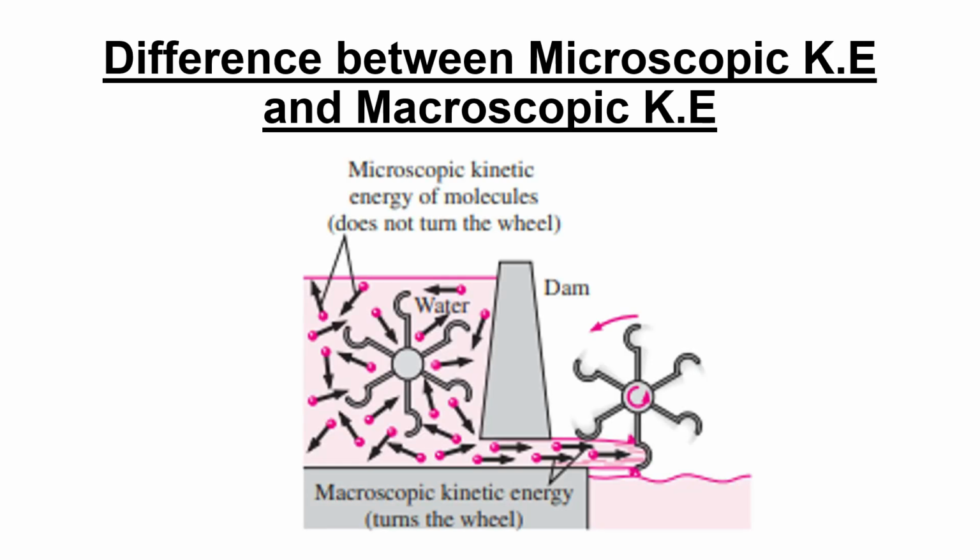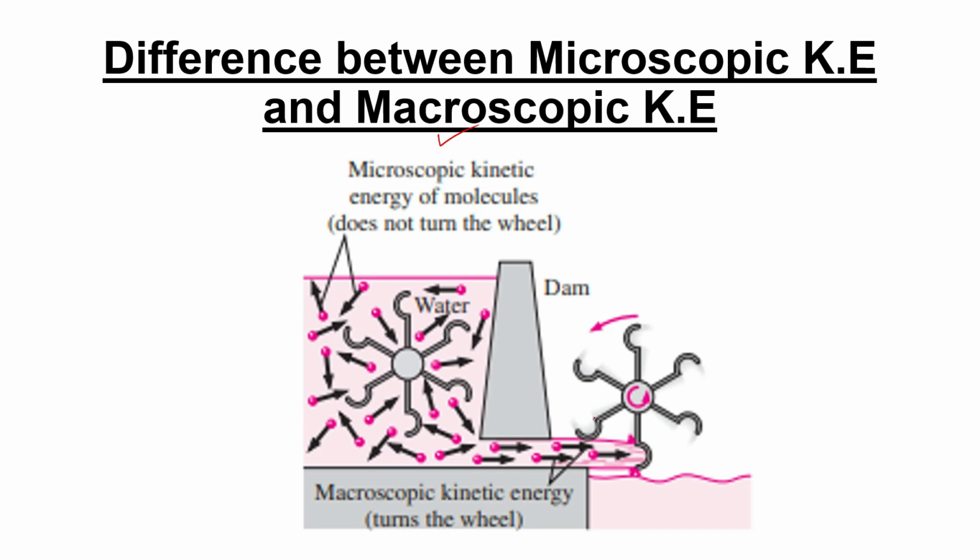Now let us see the difference between microscopic and macroscopic energy. This figure speaks volumes about it. Here is a dam in which water is stored, and there is a paddle wheel at the downstream, and also a paddle wheel kept inside the dam.